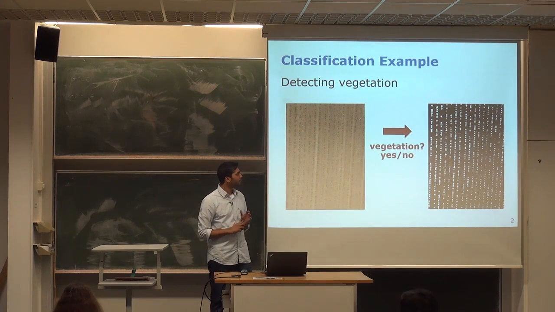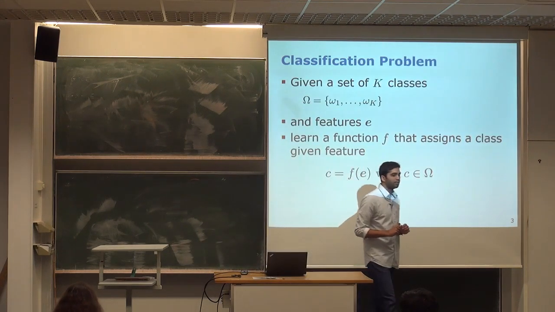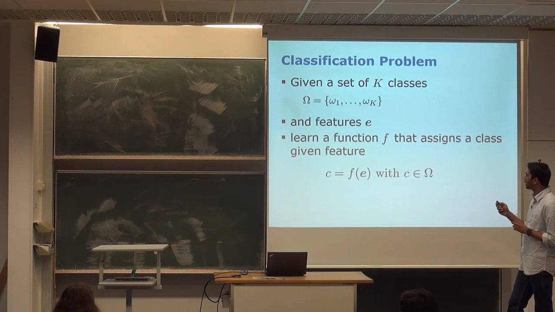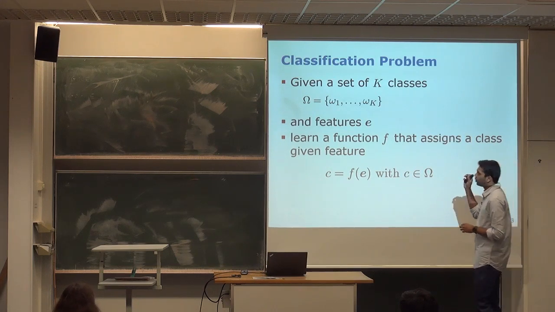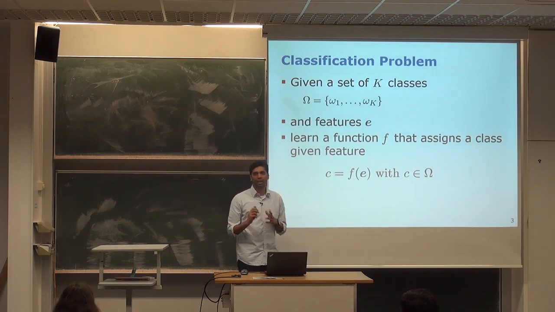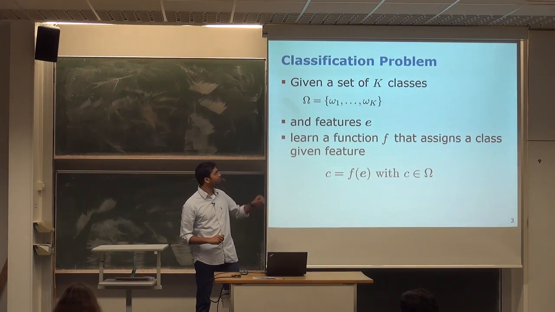Right. To define a bit more mathematically what the classification problem is, we are given a set of classes omega, omega 1 to omega k. This is the general classification problem, where if k is 2, it's a binary classification problem.